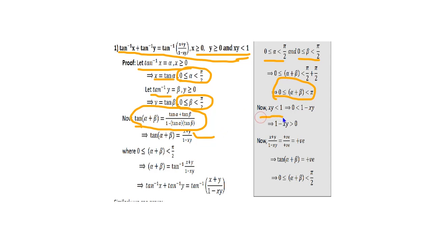Alpha plus beta lies between 0 and pi. Here xy is less than 1, and since x and y are greater than 0, xy is also greater than 0. Xy is less than 1, so definitely 1 minus xy is positive. And x plus y is positive, 1 minus xy is also positive. So tan of alpha plus beta is positive, and definitely alpha plus beta should lie between 0 to pi by 2.